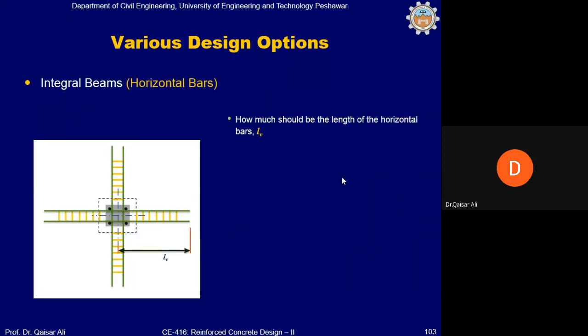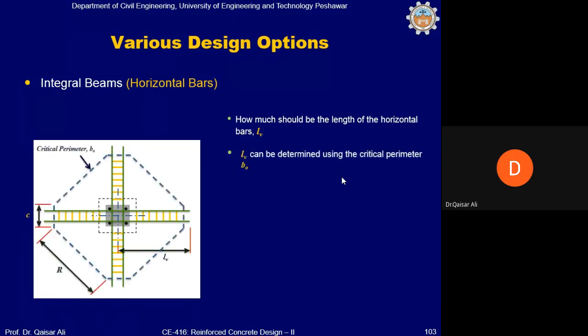This length Lv will be calculated in this manner as given in the code. This blue dashed line is basically the critical perimeter which has been shifted from this square type of critical shear perimeter closer to the column. This has been shifted by the integral beam, and this critical perimeter is now the blue dashed line. The blue dashed line perimeter can be calculated in this manner.